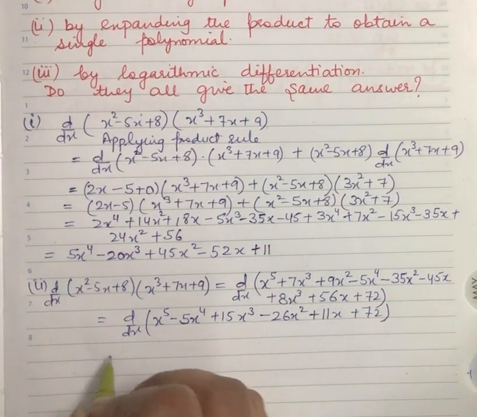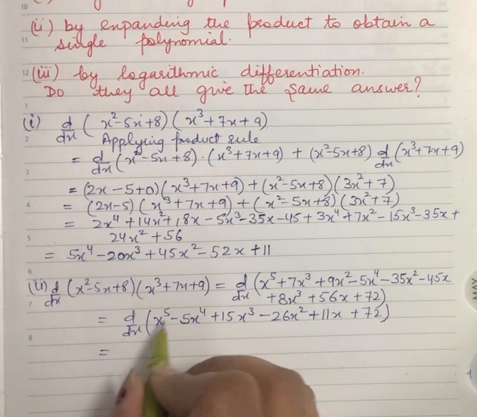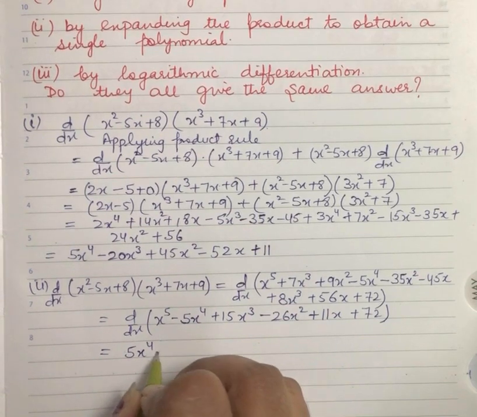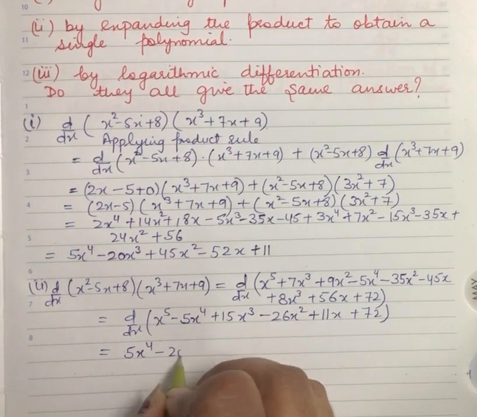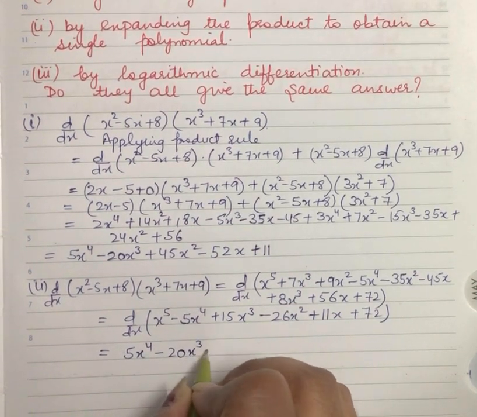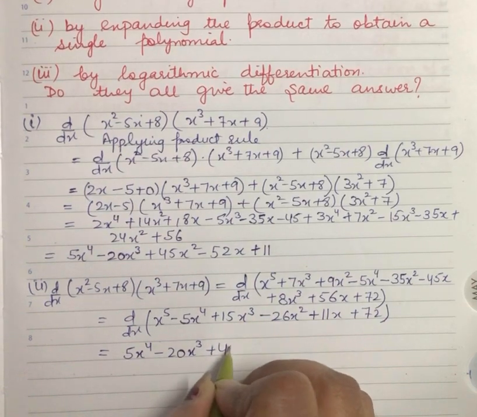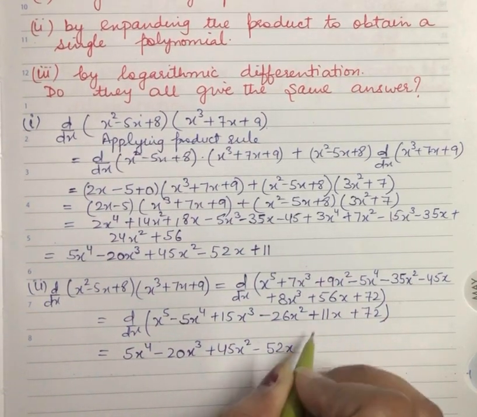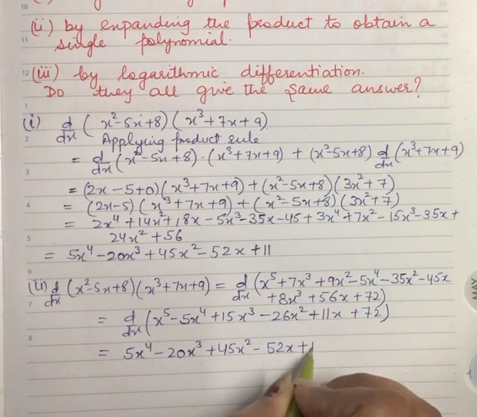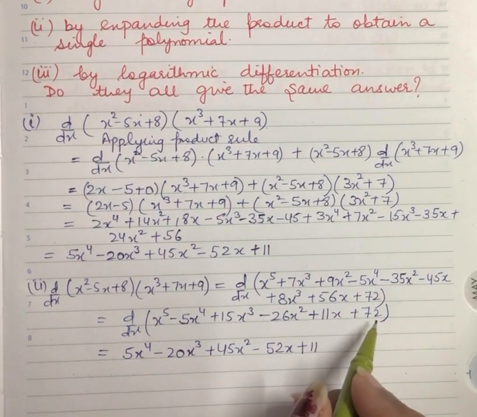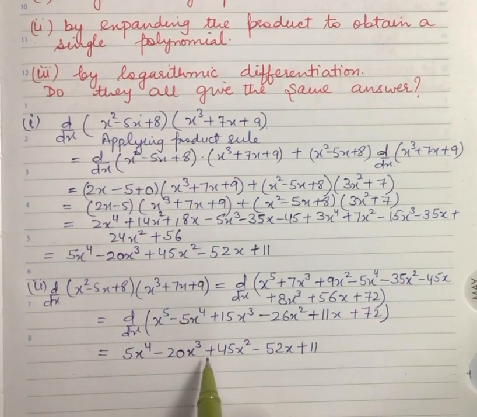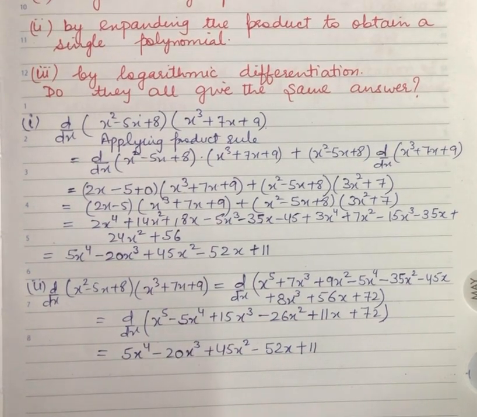Now we differentiate it, so what we get, differentiation of x to the power 5 is 5x to the power 4, then minus 5 into 4, 20x to the power 3, plus 45x square minus 52x, and 11x derivative is 11 and derivative of 72 is 0. So we are getting the same answer as in the first part.